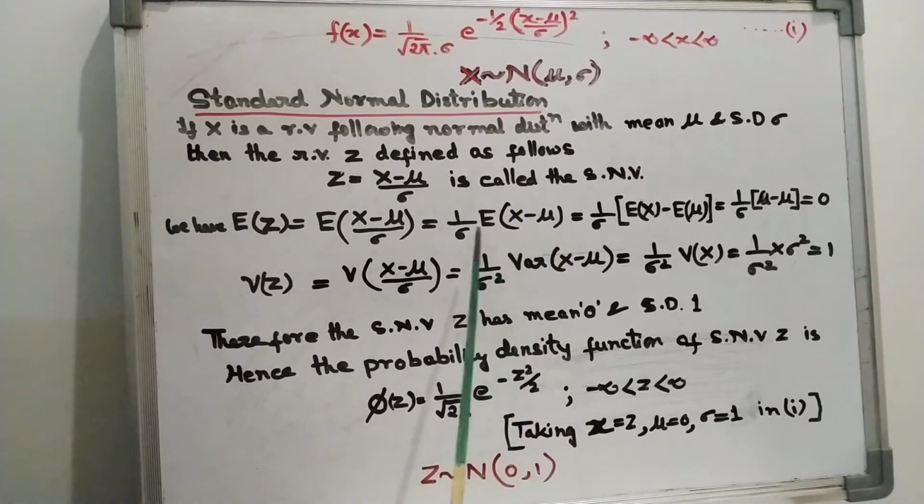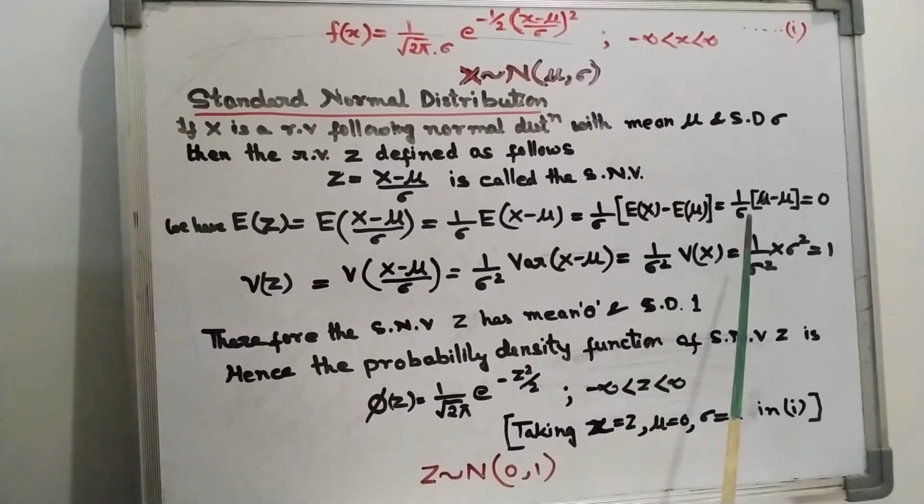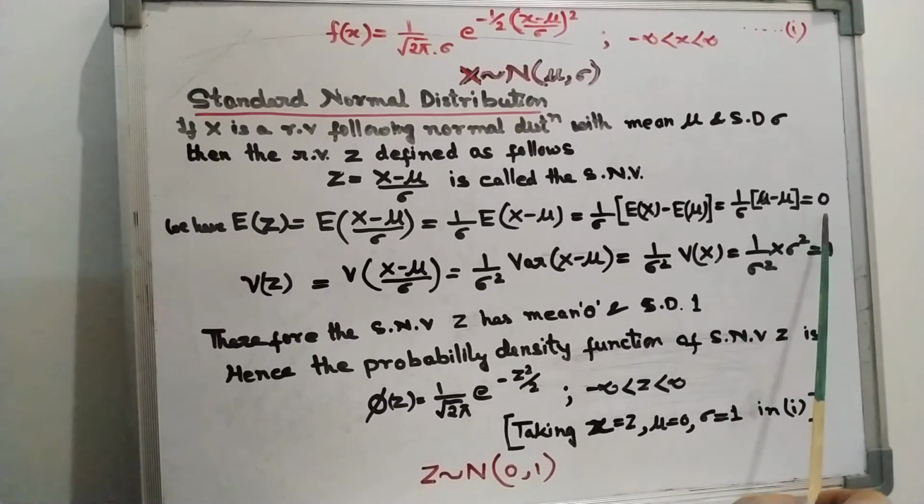Applying the expectation property, this is 1 by sigma (E(x) minus E(mu)). E of x is equal to mu, that is the mean, and E of mu is again mu, because the expectation of a constant is the constant. So we get mu minus mu, times 1 by sigma, so it becomes 0.